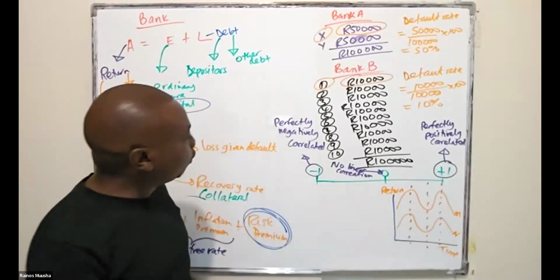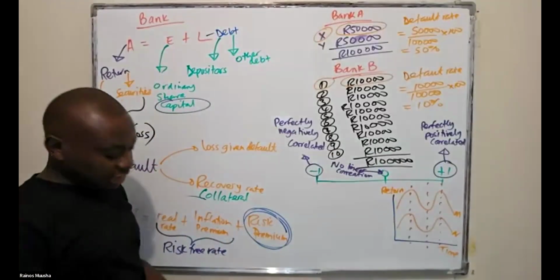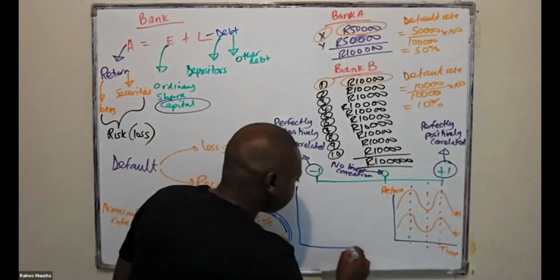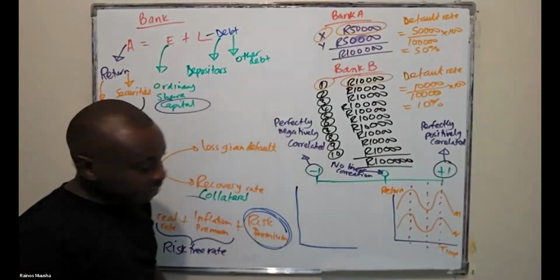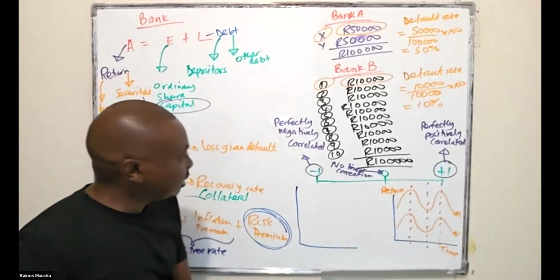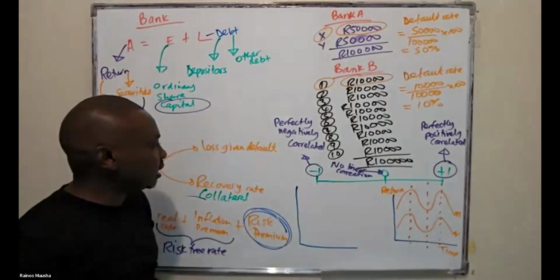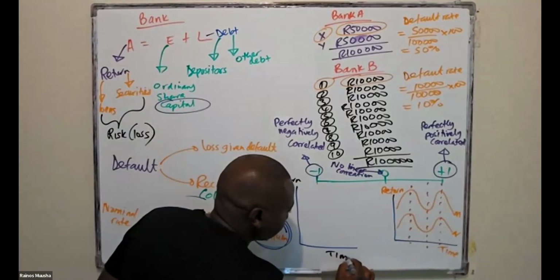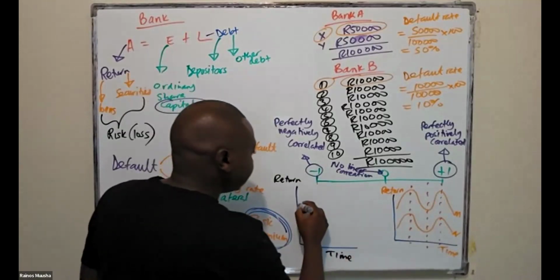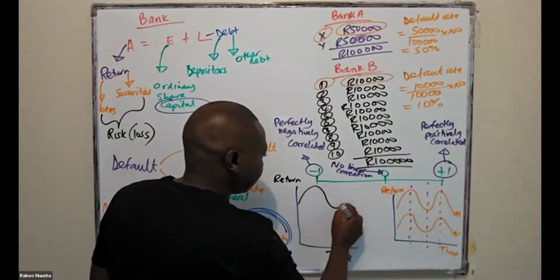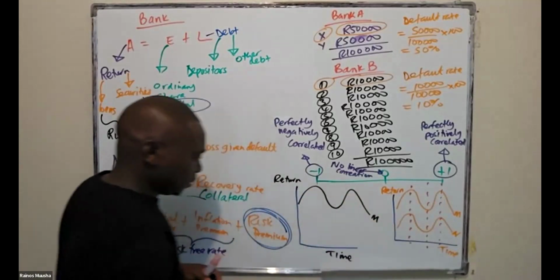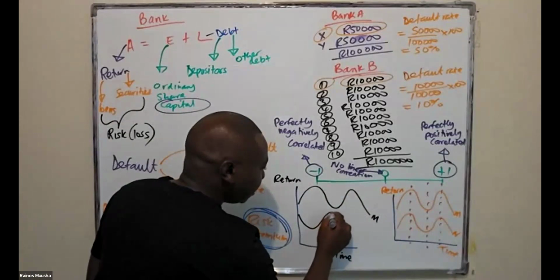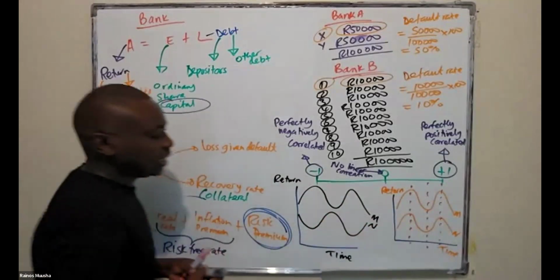Now, when you look at negative correlation, this is where we can look at two securities and their returns over time. If we are given security M, which is performing something like this, when they're negatively correlated, we are saying they're generally moving in the opposite direction.